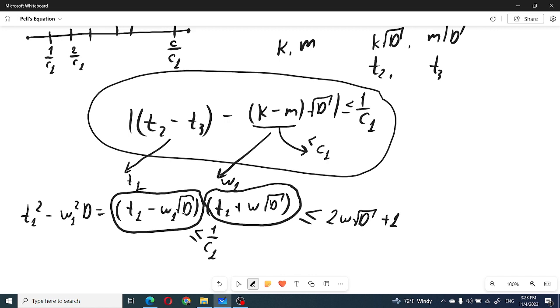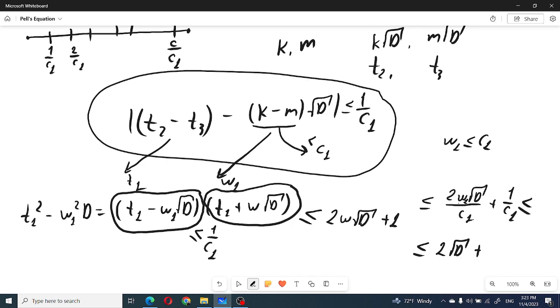So their product must be less than 2 times w1 times square root d over c1 plus 1 over c1. And by using the fact that w1 is less or equal to c1, we can also see that this is less or equal to 2 times square root d plus 1.